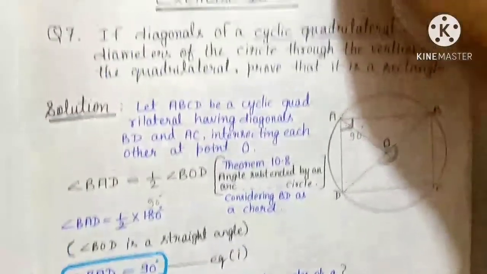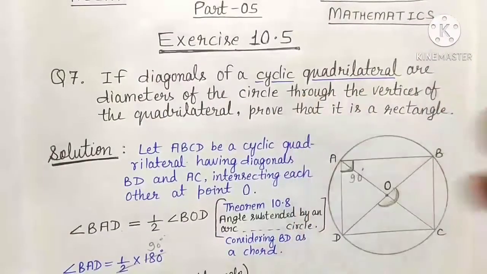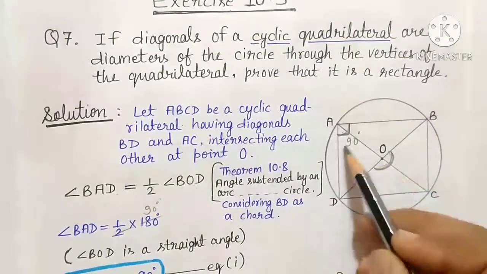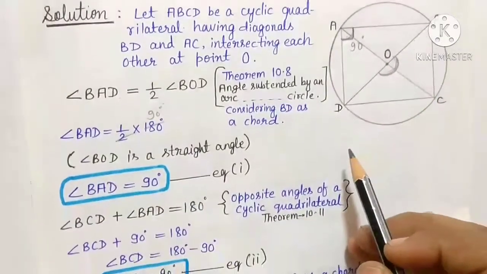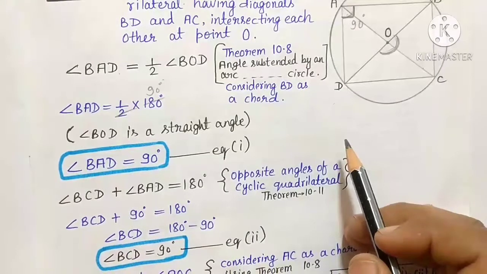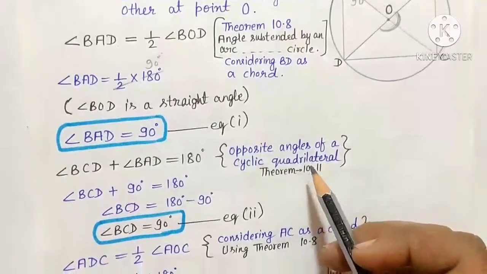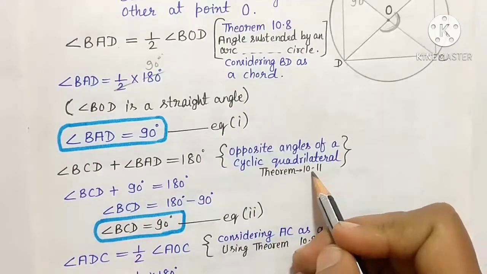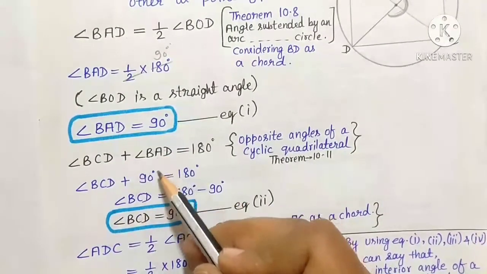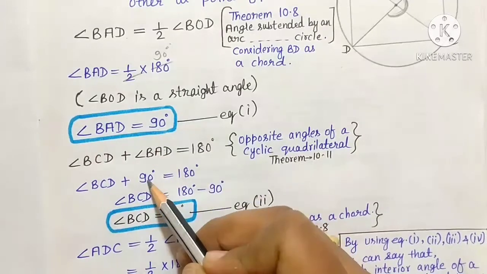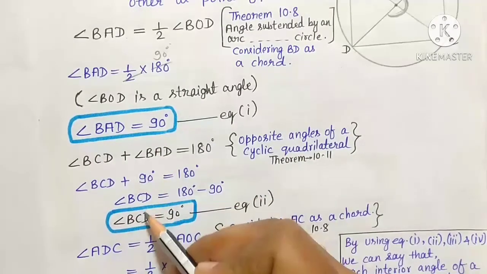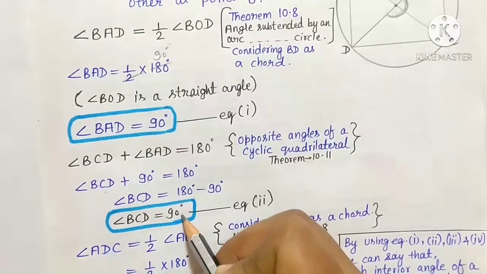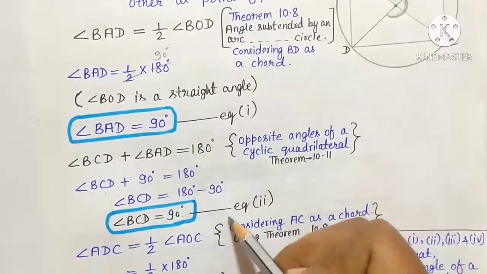It was already given that this quadrilateral is cyclic, so their sum will be 180 according to theorem 10.11. Angle BAD is 90, so angle BCD equals 180 minus 90, which means 90 degrees. This is our second result.